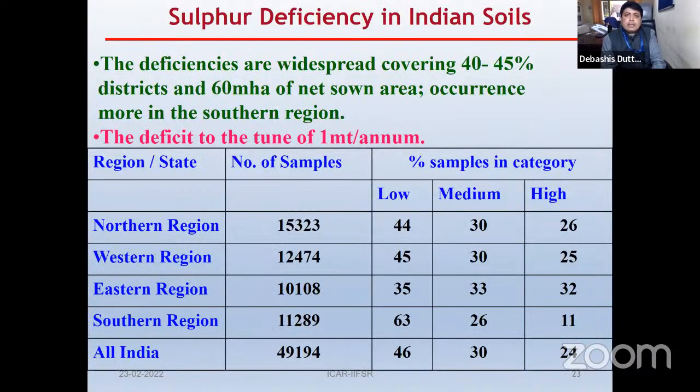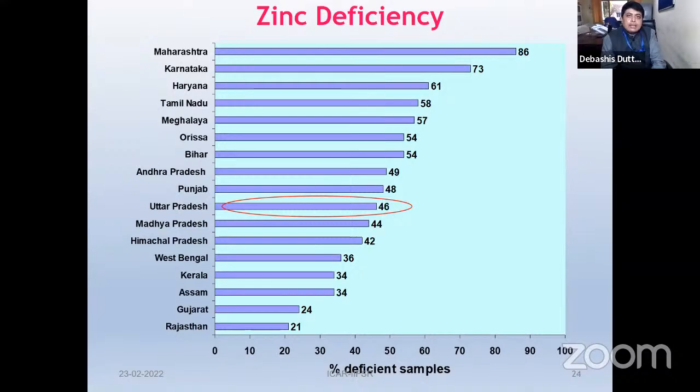Sulfur deficiency in Indian soils is gradually becoming an alarming and challenging situation for Indian agriculture. And this is the zinc deficiency. In respect of zinc deficiency, Uttar Pradesh has 46% deficient soils.